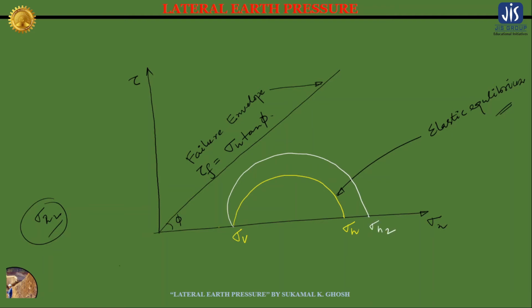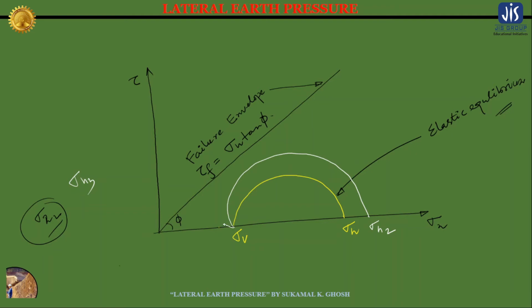Okay, now again in a similar way, if we further move the sheet pile towards the backfill, then we will get an increased lateral earth pressure value, and suppose that value is sigma h3. Okay, now again let me draw a Mohr circle using that sigma h3 and sigma v.